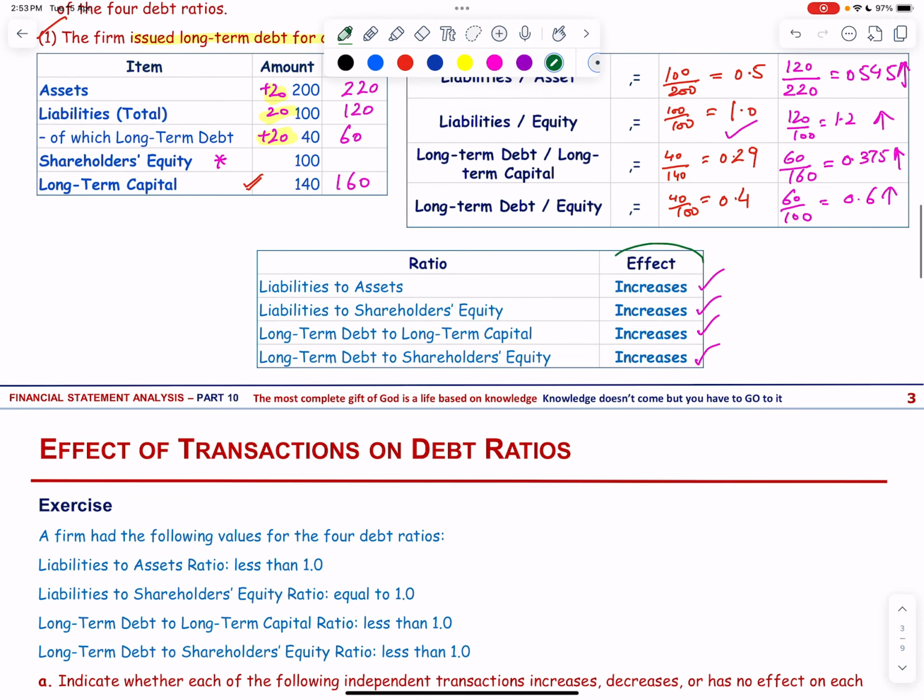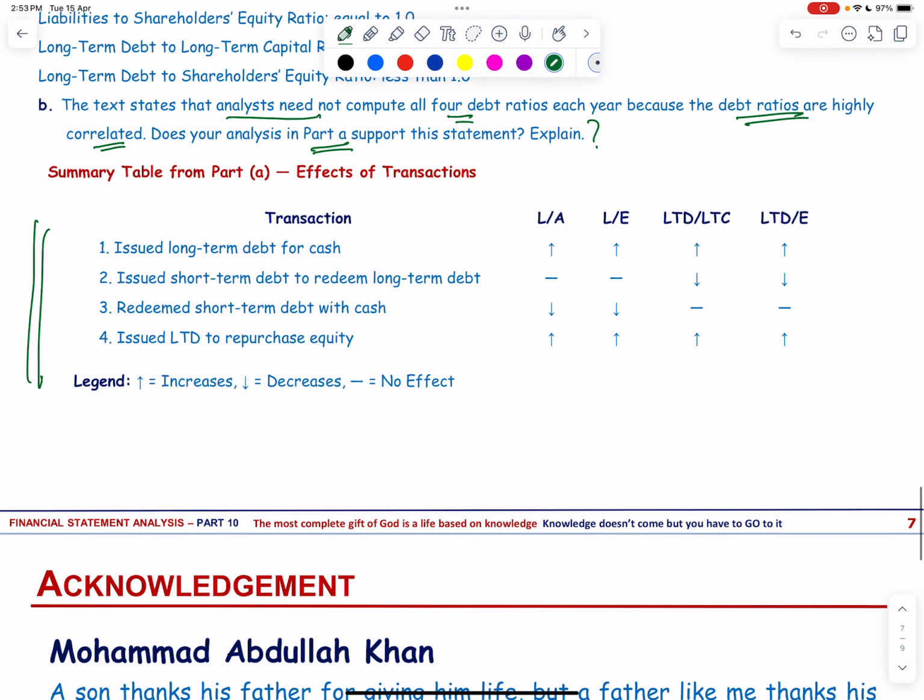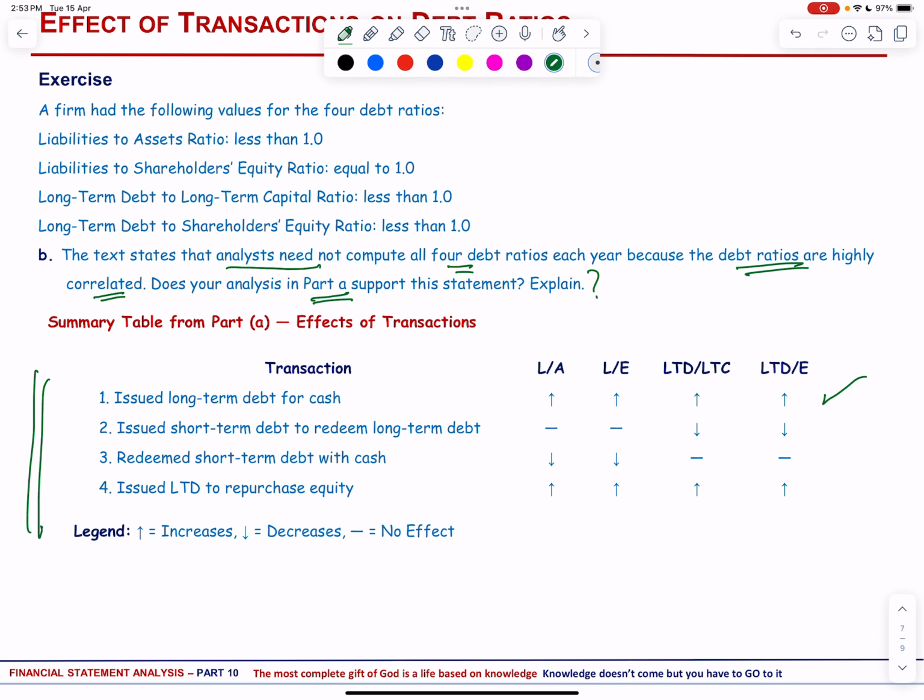And if you look into number 4, you can see they were increasing as well, and this is what has been reflected here, 1 and 4.